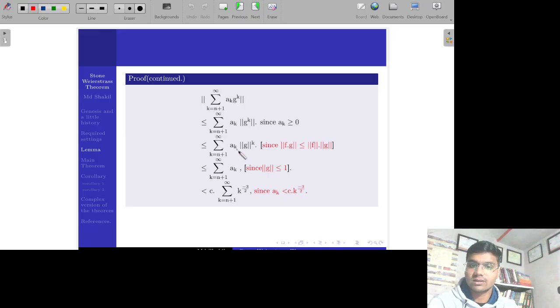And again, as we saw, after rescaling we find that f is greater than or equal to 0 and less than or equal to 1, and g is 1 minus f. So g is also in the range 0 to 1, so the norm of g will be less than or equal to 1. We put that value here, and we find that this whole quantity is less than or equal to the summation of a k, k varying from n plus 1 to infinity, and it is strictly less than c times the summation of k raised to the power minus 3 by 2.